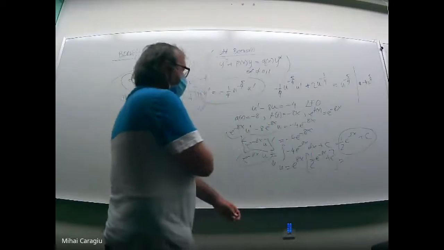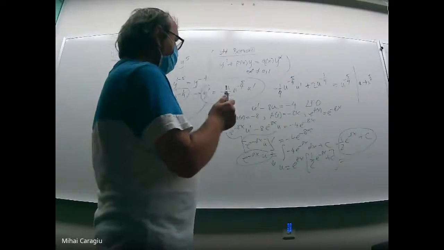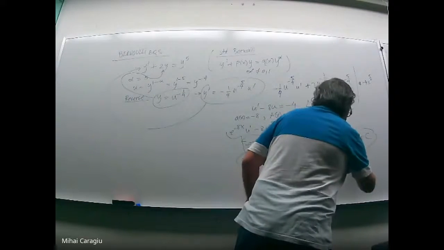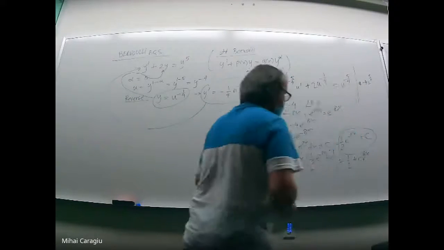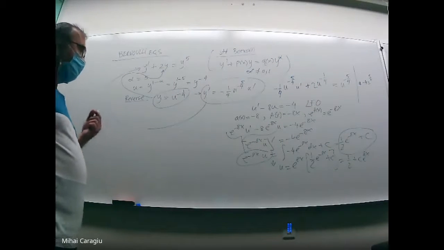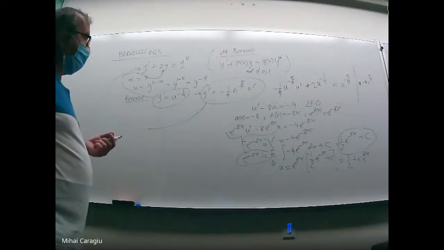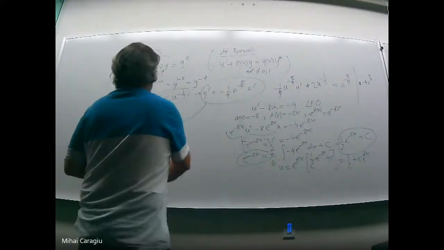And if we open the parentheses, we get 1/2 plus c e to the power 8x. So that's solving for u. U is the substituted form. So u equals 1/2 plus c e to the power 8x.